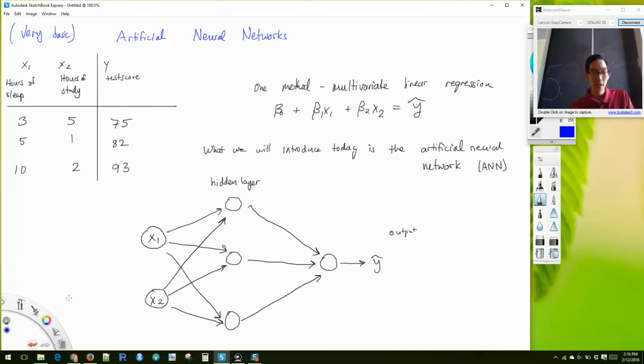And the way it's going to work is each of these values. So the first time I'm going to plug in 3 for x1 and a 5 for x2, and they're all going to go to each of these. Okay, and they're going to be multiplied by a weight.